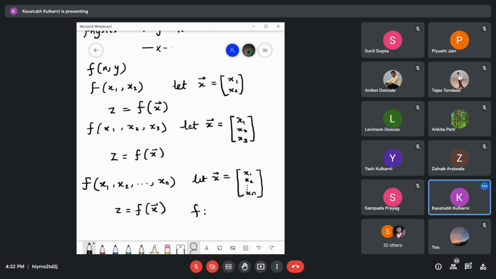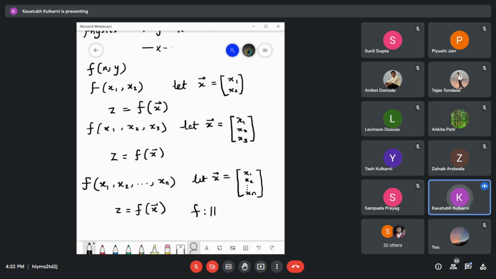So this function f maps, here we said it maps values of an ordered pair to the values of a variable. Here we are mapping values of an ordered triple to the values of a variable. Now in this case we are mapping the values of an ordered n-tuple.